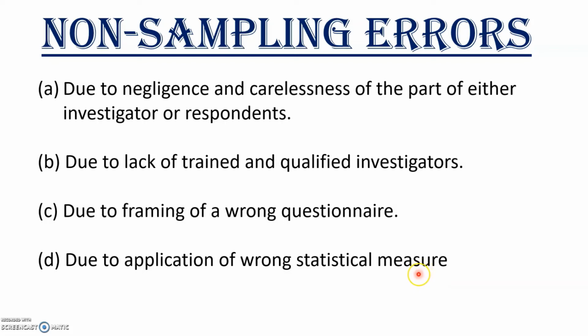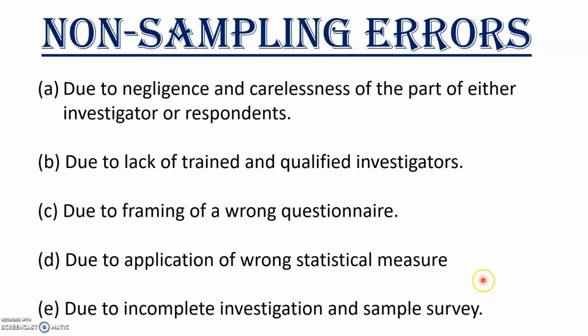If you're using the wrong central tendency as a measure for your statistical analysis, then your entire analysis might be wrong, and that becomes an error in your statistical analytical procedure. So you need to apply the right statistical measure. Caution has to be taken to ensure that the measure you're using is right.